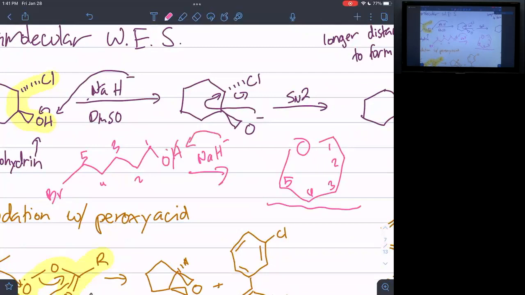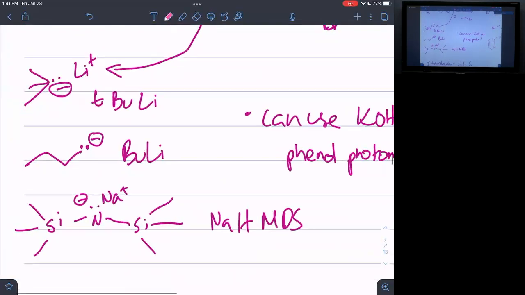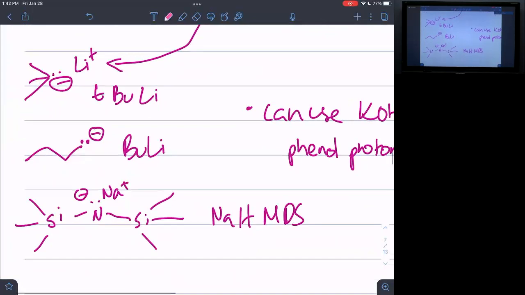I use NaH because it's the easiest to write. Can you use OH negative? What other reagents can you use to deprotonate it and make that oxygen into a good nucleophile? You can use tert-butoxide, all of these. I just hate it because the letters are ugly, the structure is ugly, and these are not memorable. No one's going to think, oh yeah, BuLi, of course.